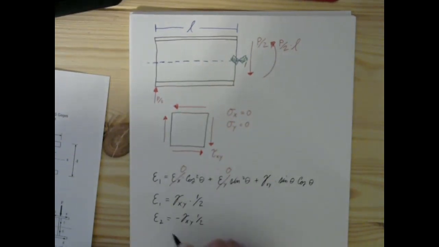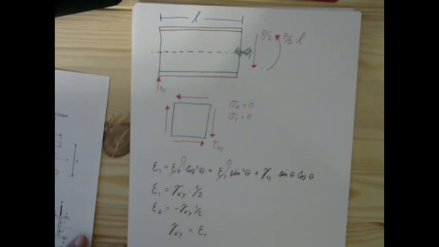So if we want to know the shear strain, what we'll do is we'll take the strain output for the first strain gauge, and we'll subtract the strain from the second gauge.